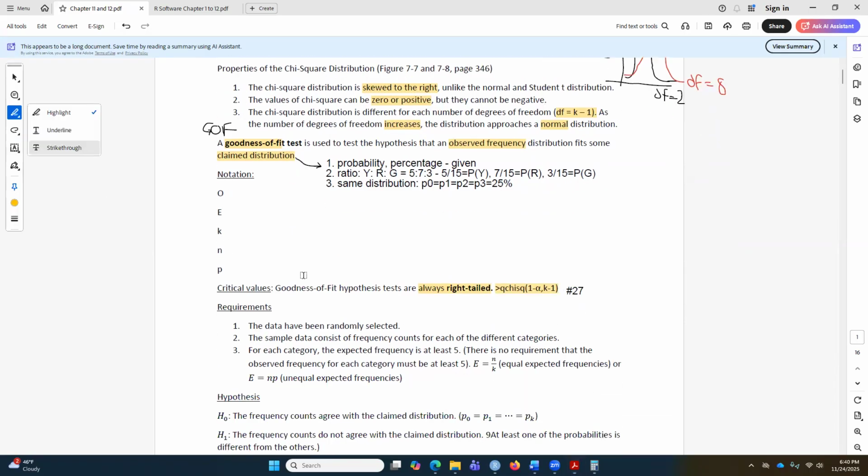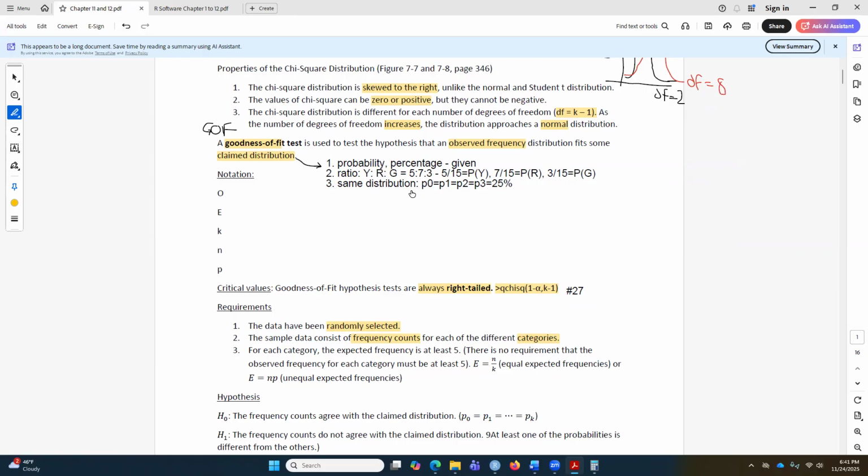Requirements. The requirements for doing what we call the goodness of fit test: make sure it is randomly selected, or an SRS in this case. And then every frequency count has to be in different categories. Let's say this candy has yellow, red, and green. That means you have to have an observed frequency for yellow, meaning how many candies are yellow, how many are red, and how many are green.